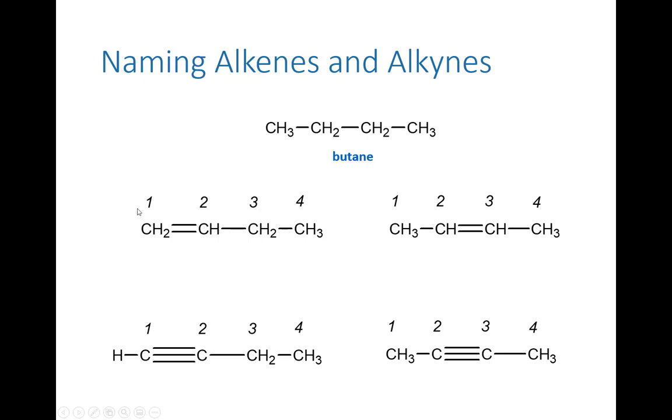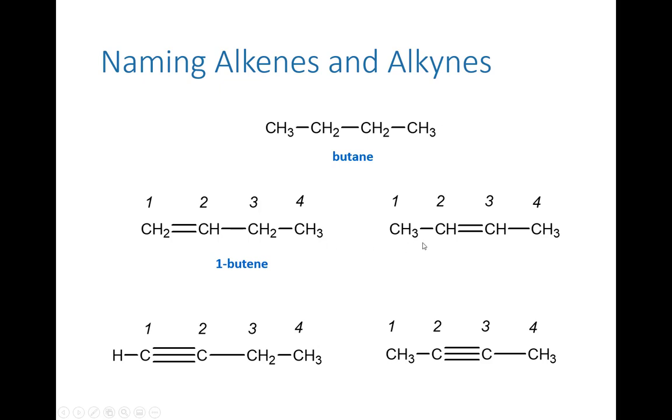So the name of this is going to be, well, first we have to specify where the double bond begins. It begins on carbon number 1. And then we're going to need to change the ending from ane to ene for alkenes. So this is 1-butene. Remember that we need to use a hyphen to separate numbers and letters. How about this compound over here?